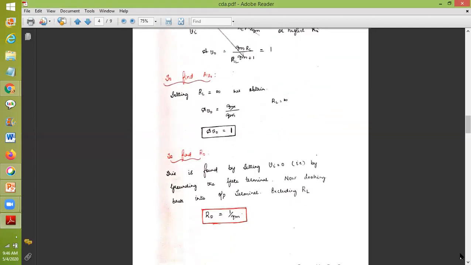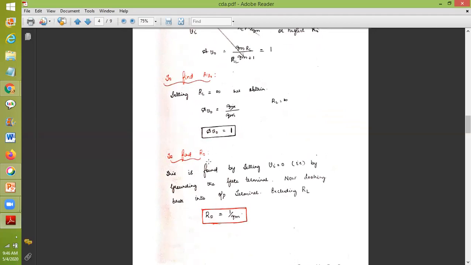Gm and gm will get cancelled. So what happens to the open circuit voltage gain? It will be equal to unity. That is how we find the open circuit voltage gain.